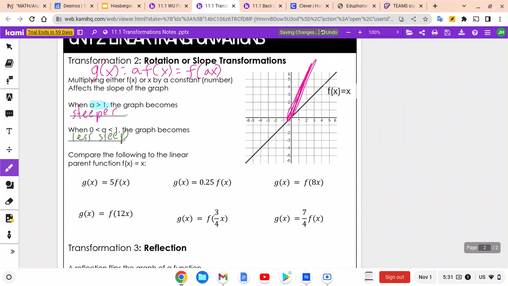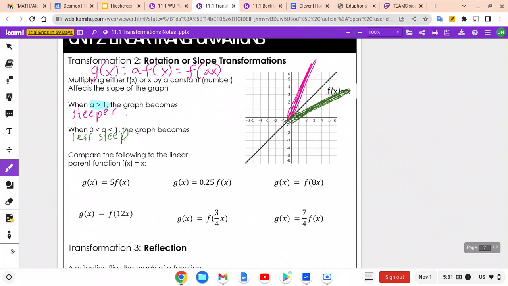What does that look like? If a is greater than 1, it's going to be above the parent function, closer to the y-axis. Remember, lines closer to the y-axis are steeper. But if a is less than 1 but greater than 0, it's going to be below the parent function, closer to the x-axis. Remember, lines closer to the x-axis are less steep.